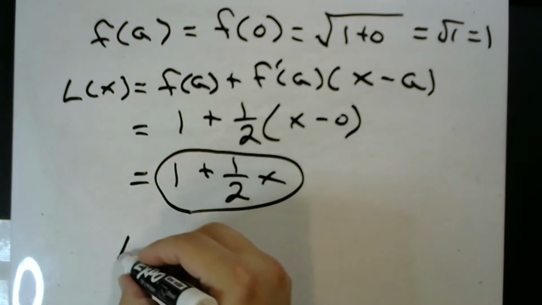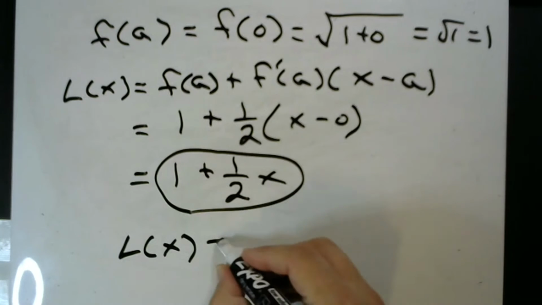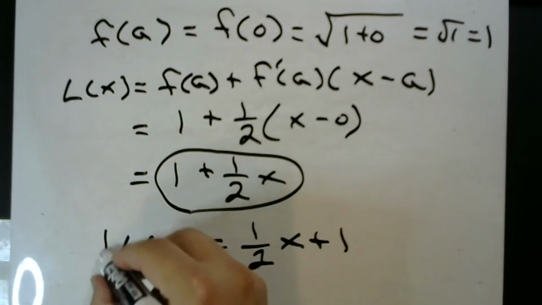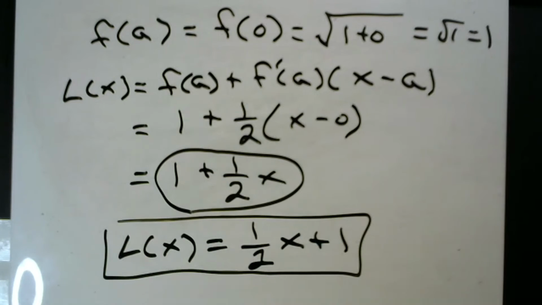Or here, I'll write it out a little better: L of x equals 1/2 x plus 1. So when x is close to 0, we can approximate the square root of 1 plus x using this line.